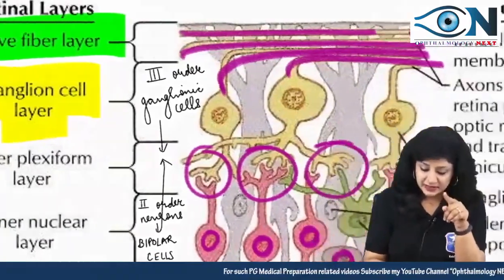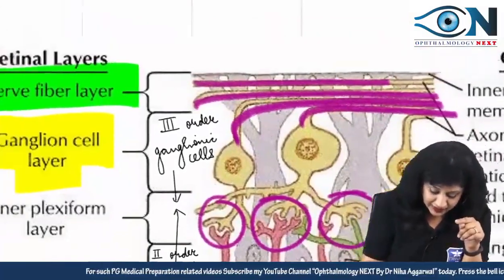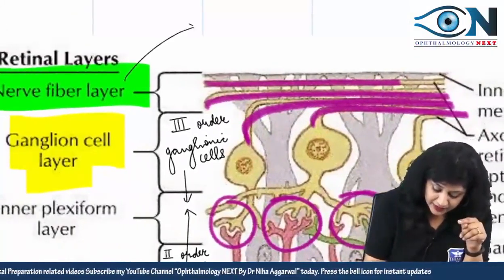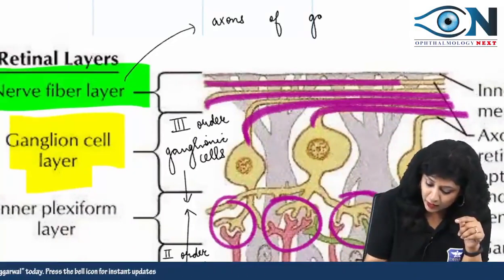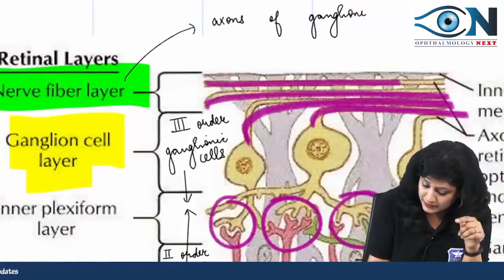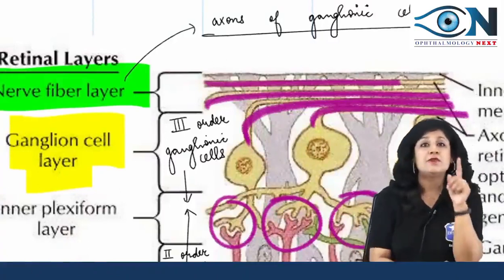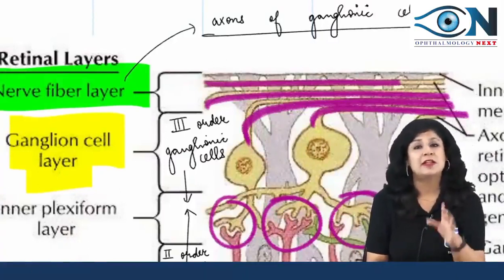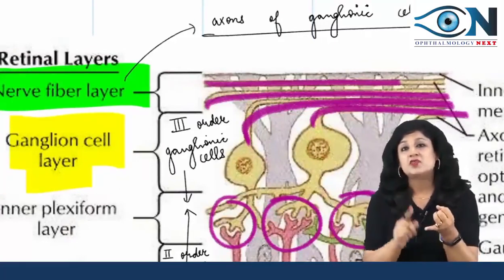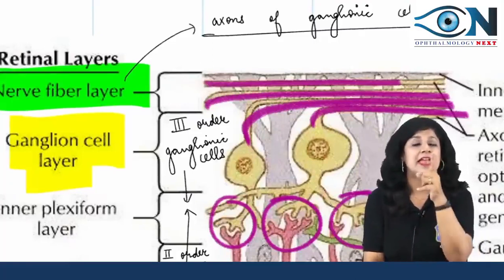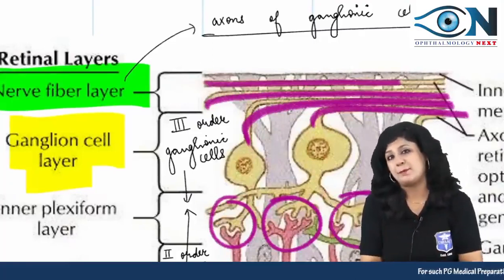So very conveniently I can say that this nerve fiber layer contains the axons of the ganglionic cells. Now, if you remember the definition of glaucoma that I gave you, the multifactorial optic neuropathy characterized by retinal ganglionic cell death by apoptosis.